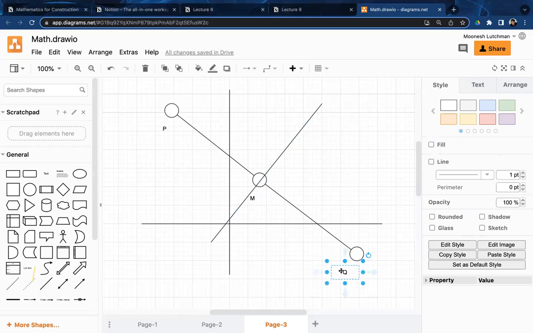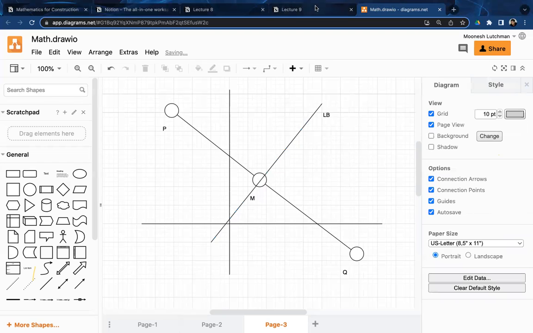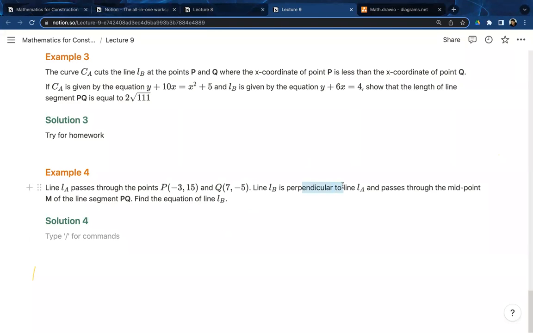So this is L2 here, well, LB. LB is perpendicular to LA and passes through the midpoint M.